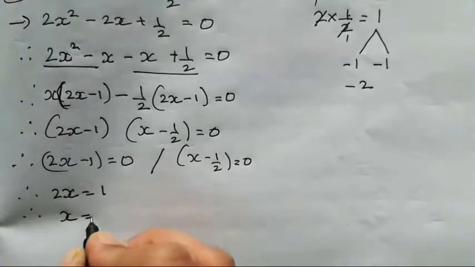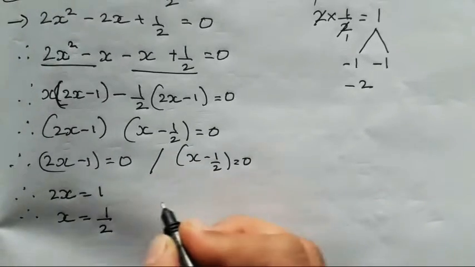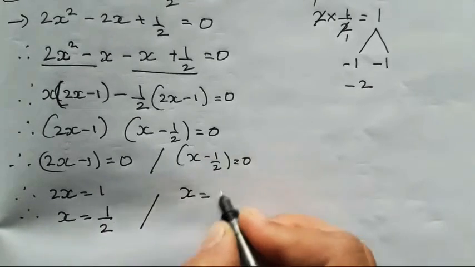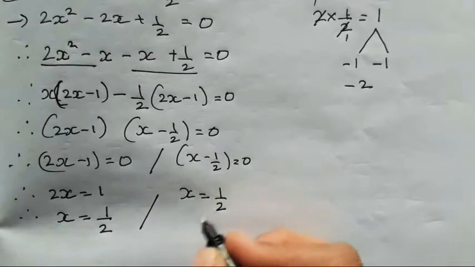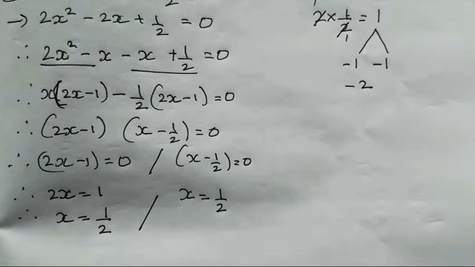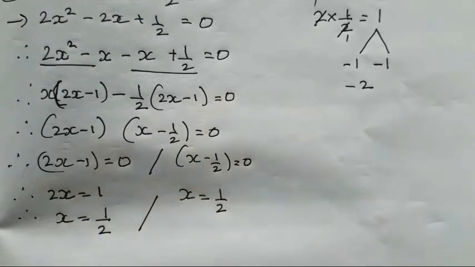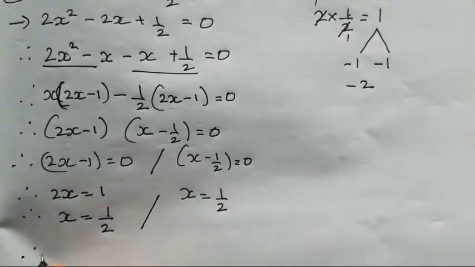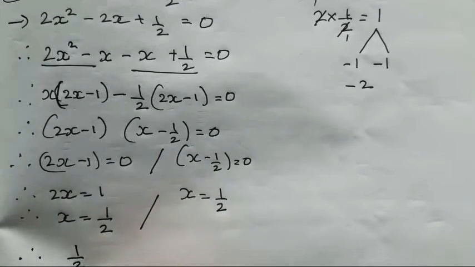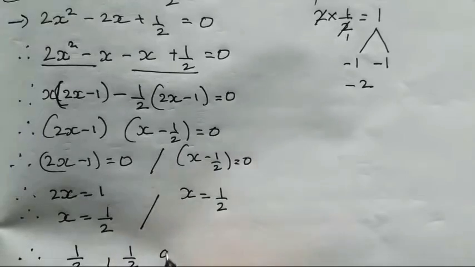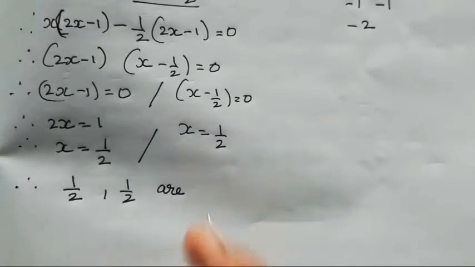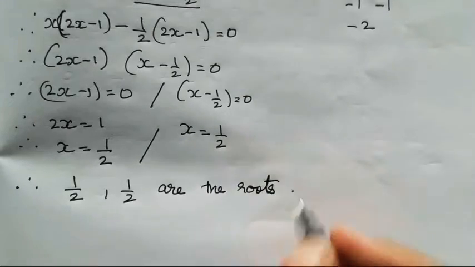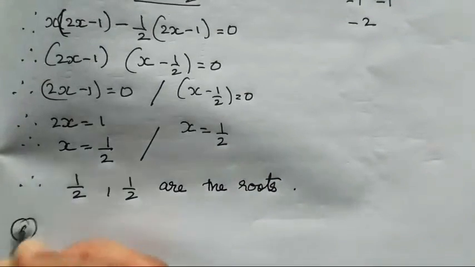Therefore x is going to be 1 upon 2. Over here x is going to be 1 upon 2 only, because we have just changed its side. So you will see both the roots are same. So 1 upon 2 and 1 upon 2 are the roots.